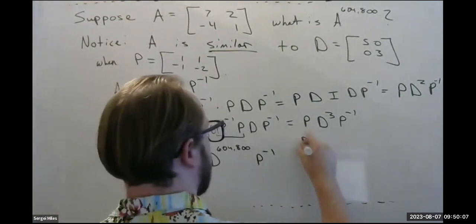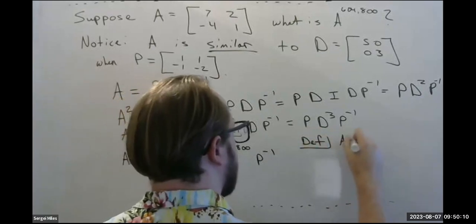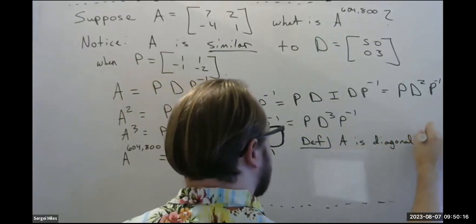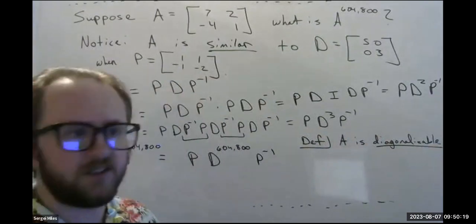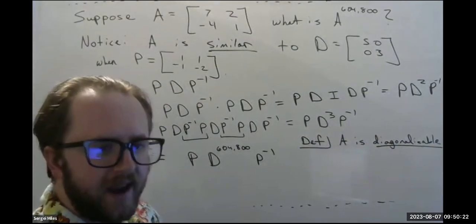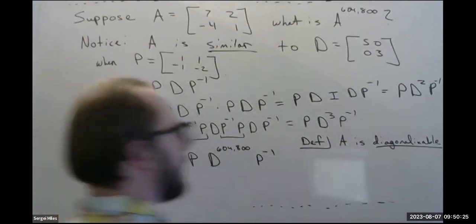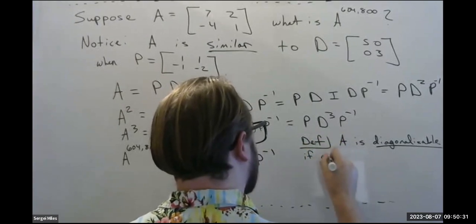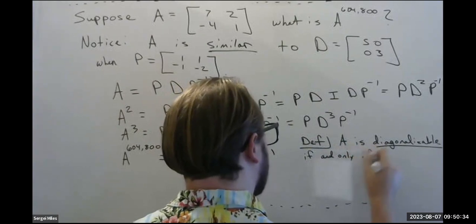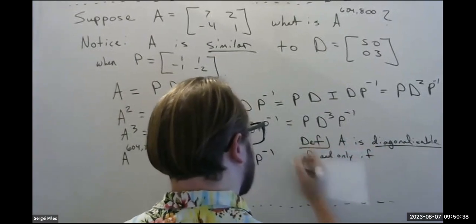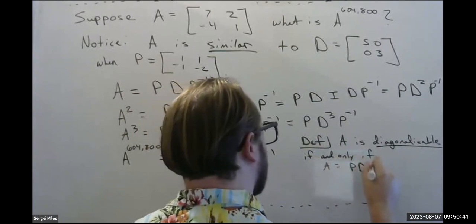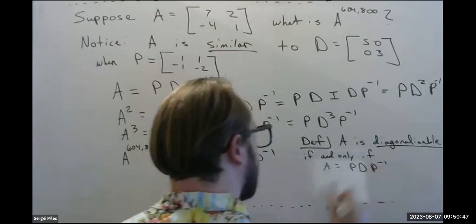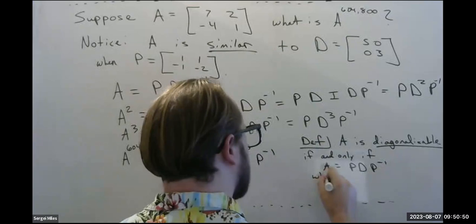We'll do that down here. Definition: A is diagonalizable if and only if A can be rewritten as the product of this, where D is diagonal.